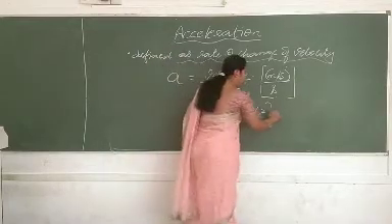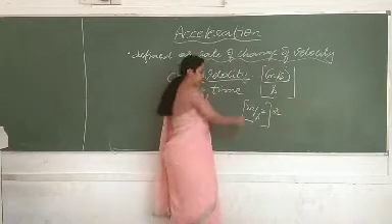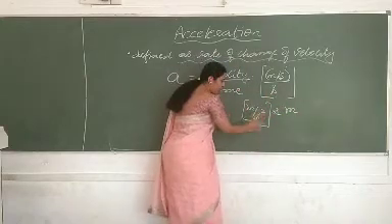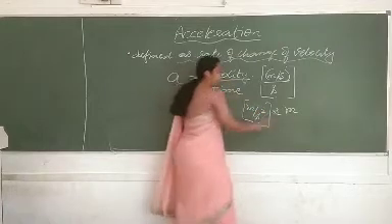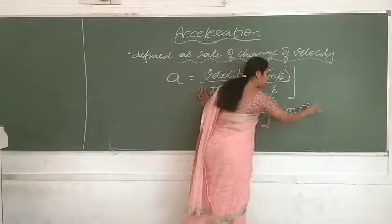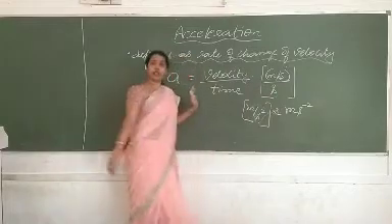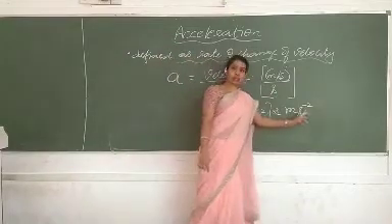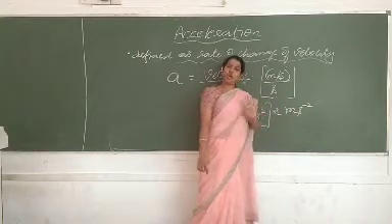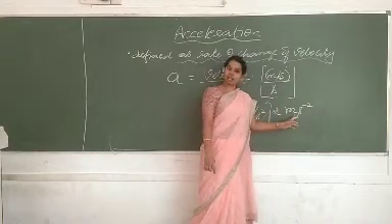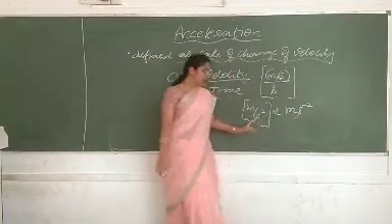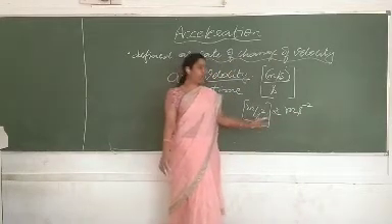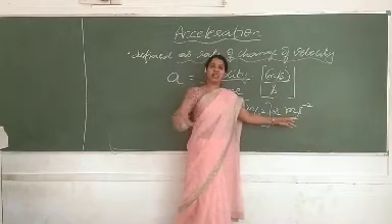Just like I told you in the previous case, retain the numerator as it is and bring the denominator term to the numerator. When you bring the denominator term to the numerator, it will become inverse. So it is meter second minus 2. If you are not comfortable writing like this, no worries. If you write meter per second square also, you will get complete marks.